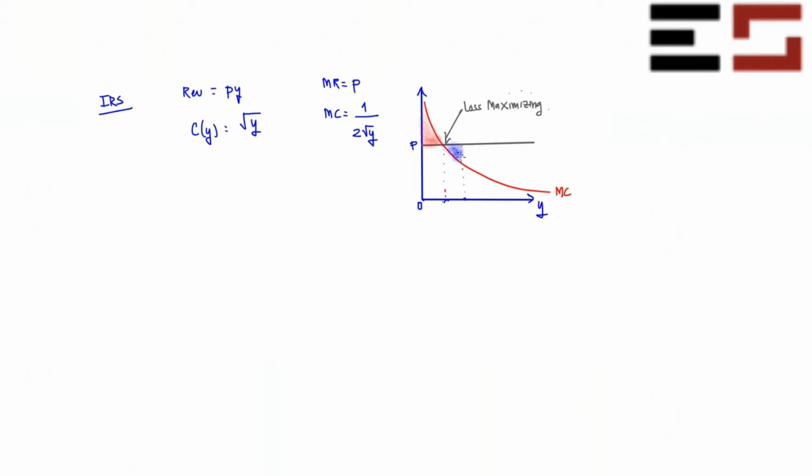So your net profit in this case will be this area minus this area. Is that clear? So if you want to raise your profit, you can go in this direction, and you can keep making more and more money. Is that clear?